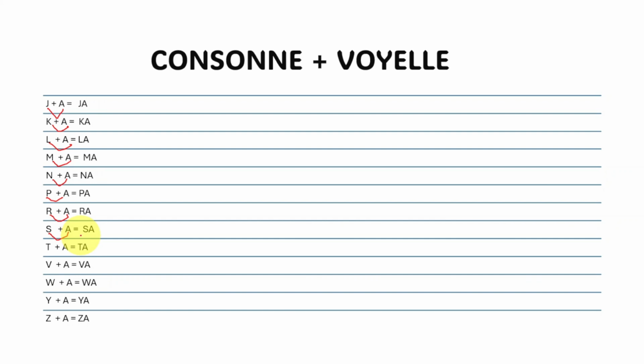Here, when we combine this together, it sounds like sa: sa maison, sa voiture, sa mère, sa sœur, sa tante, son oncle. We don't say son oncle, no, son oncle. Here it sounds like ta: ta mère, ta sœur, ta tante. Here, when we combine together, the sound is valise. Here it sounds like Washington. Here it sounds like Yahoo, or it depends on the name.